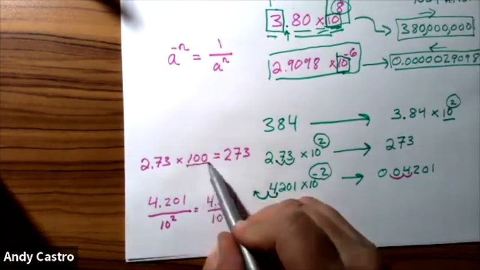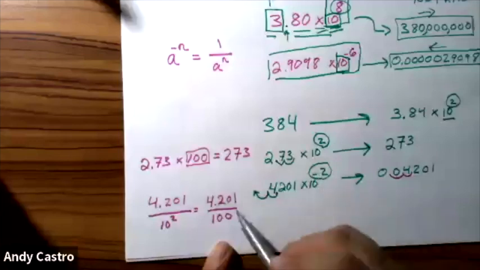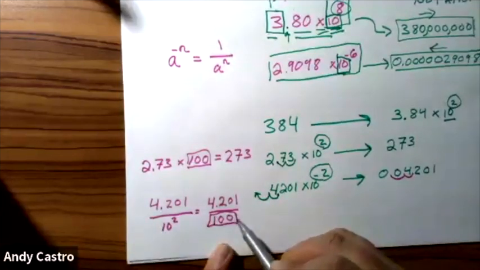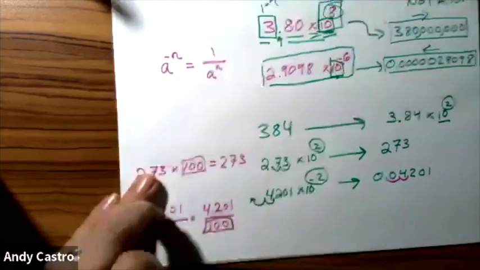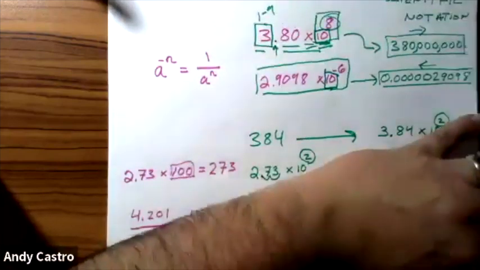So here I'm multiplying by 100, and if it's negative, I'm dividing by 100. All right. So let's look at another example.